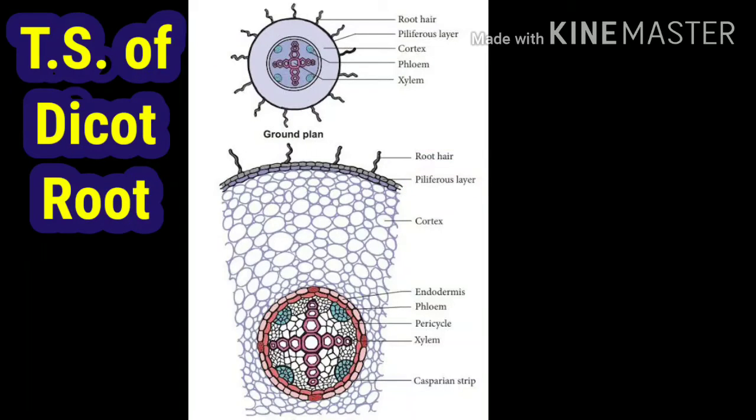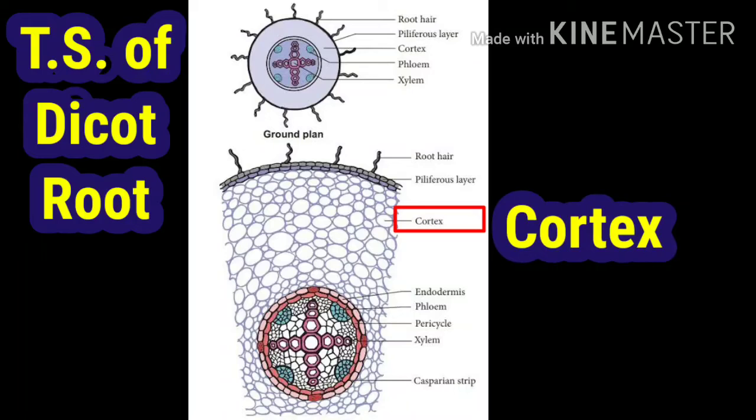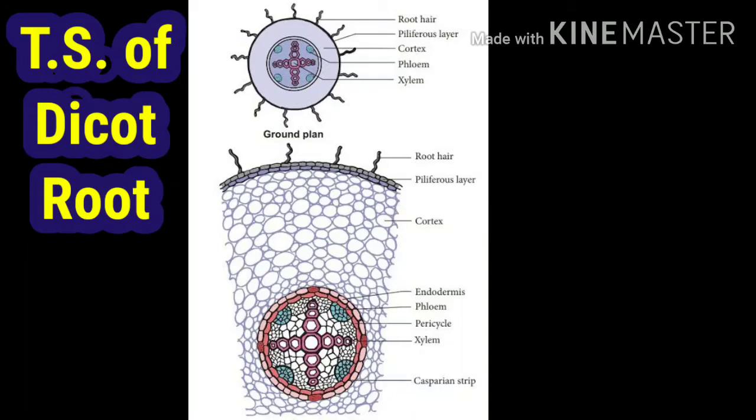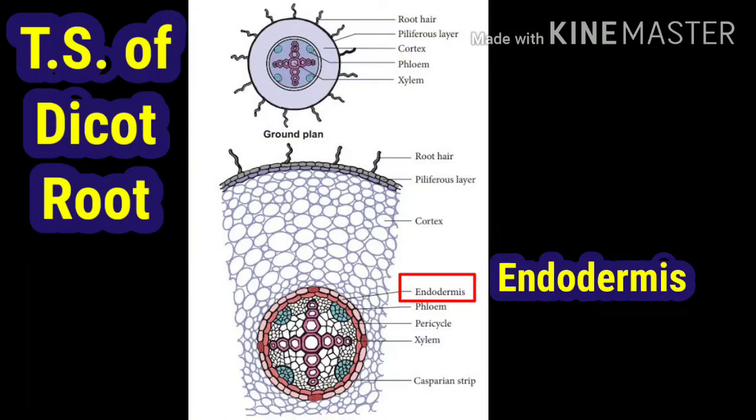The second structure is cortex. It is a multi-layered large zone made of thin-walled parenchymatous cells with intercellular spaces. It stores food and water. The third structure is endodermis. The endodermis is the innermost layer of cortex.